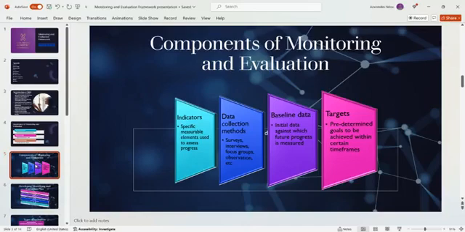The other element is data collection methods, of course, using surveys, interviews, questionnaires. You can also observe, because you can just go to an area and make an observation, and out of that you come out with some data that suggests what is going on. I'll give an example. If you go to an area like a complex and you just observe, you find that almost every house there has the DSTV dish.